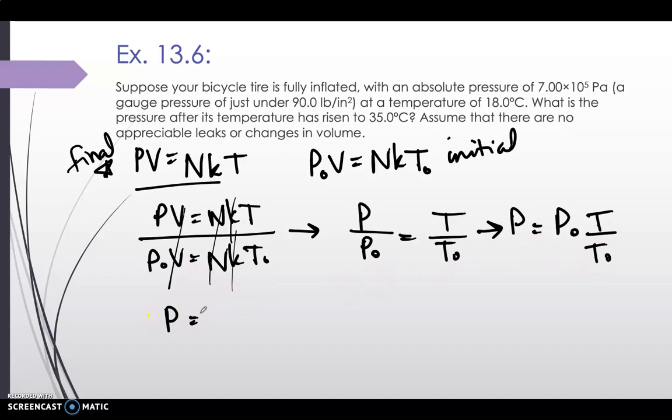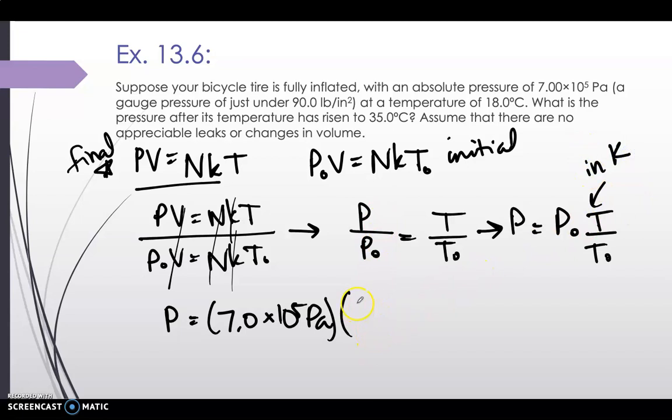So our pressure is going to equal our starting pressure, which was 7.0 times 10 to the 5th pascals, times our ending temperature. And remember, these need to be in Kelvin.